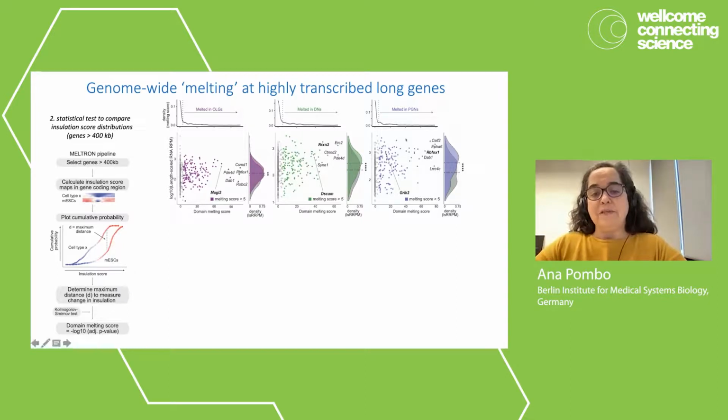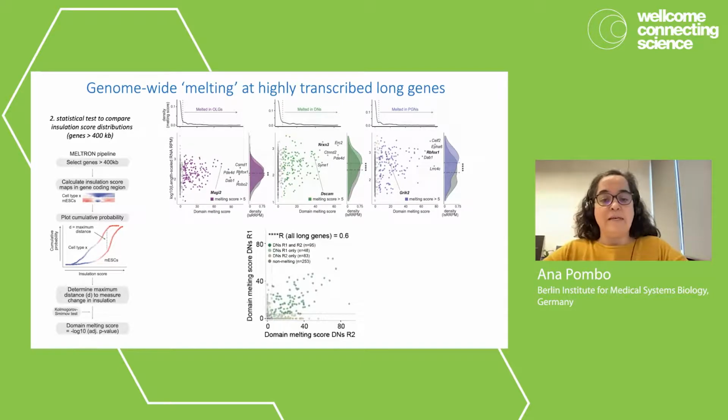And interestingly, in particular in the two neuronal cell types, the melting coincides with the genes being more highly transcribed than other long neuronal genes that are not melting in that particular cell type. Now, importantly, because we had these replicates between two different animals, we also compared whether the same genes melt and whether this p-value actually correlates between the two replicates.